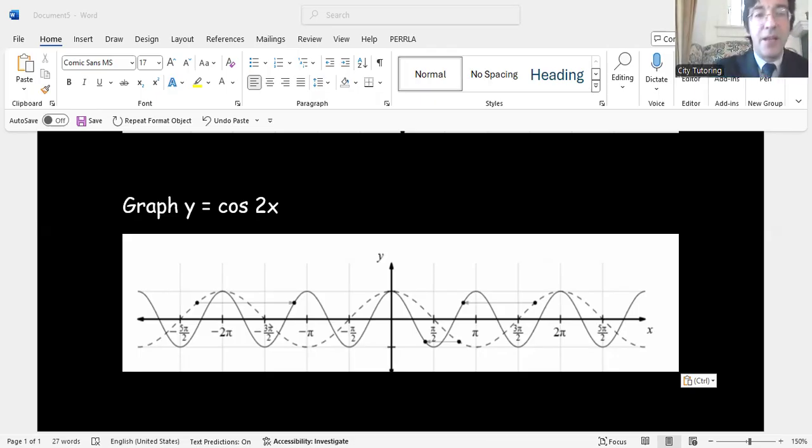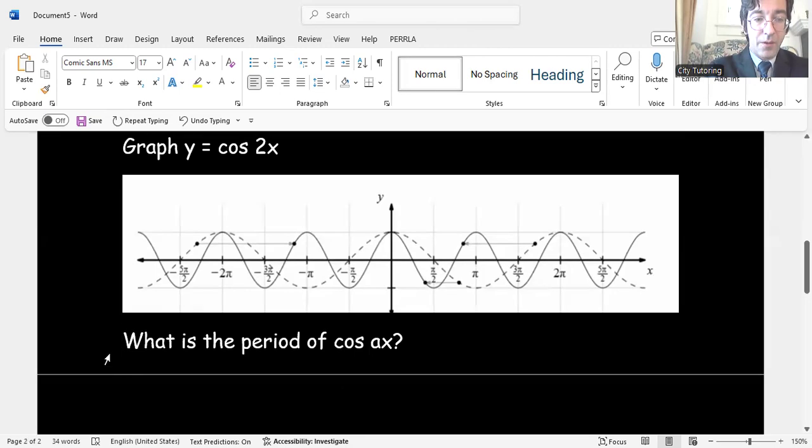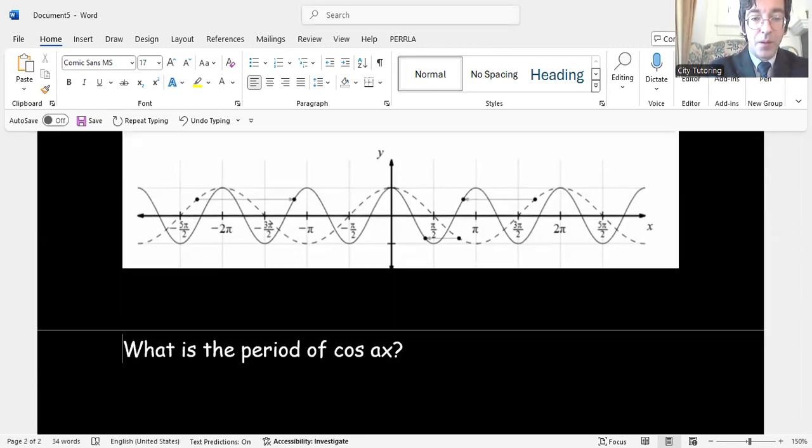Now, let's say I asked you, what is the period of cosine of ax? Keep in mind this graph. When you compress the graph of cosine of x horizontally by a factor of 1 divided by a, why?